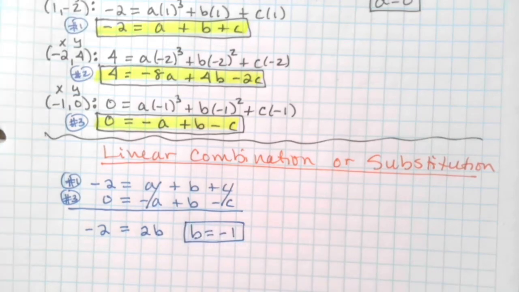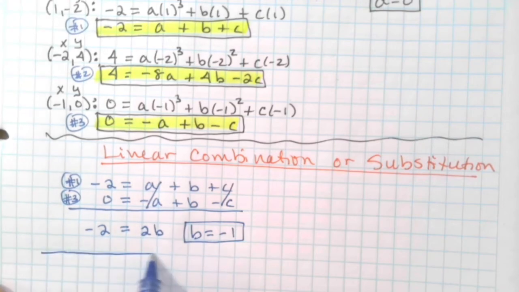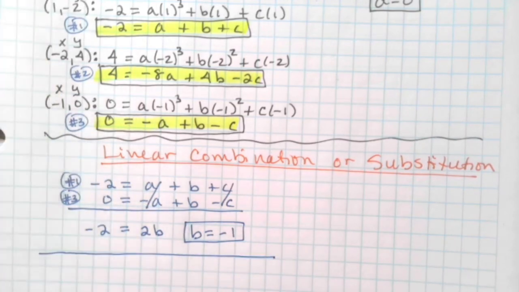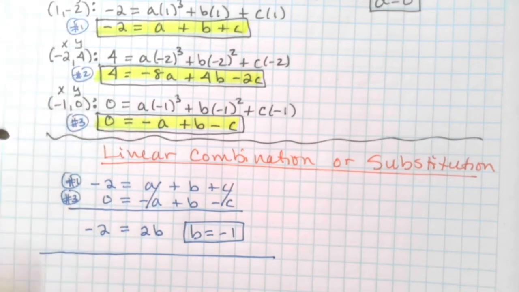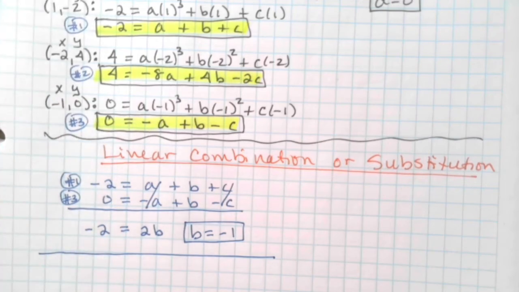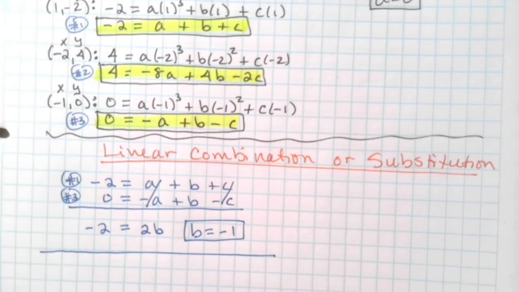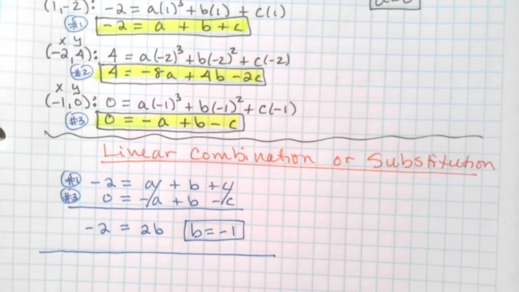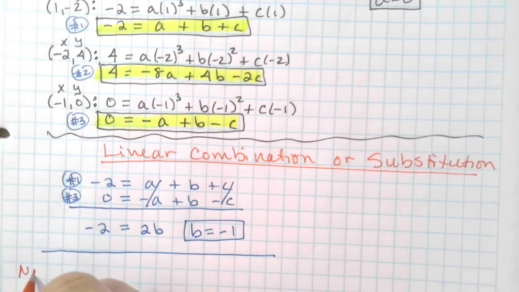Now, once you get your first variable, what you can do is substitute that variable into 2 of the equations. One of them has to be number 2 because you haven't used it yet. And you're going to sub it in and create new equations. So this is new equation number 2.